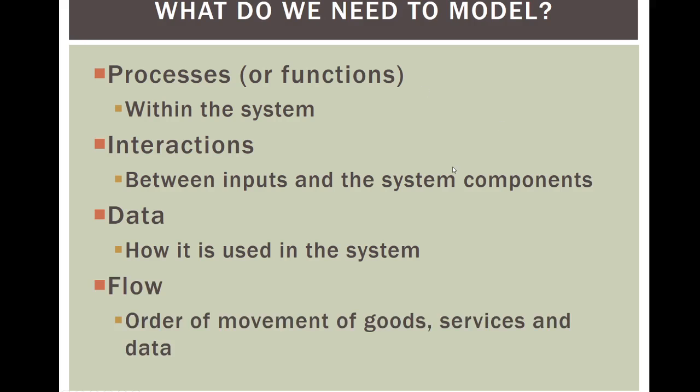All right, and then flow, and that flow can be the flow of data, or it could be the movement of goods, whatever, through processes, right? So our system is going to be doing different things to inputs.